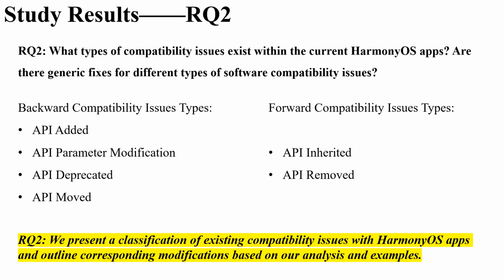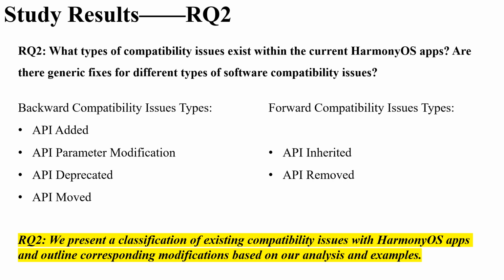The second research question we addressed was, what types of compatibility issues exist within the current HarmonyOS apps? Are there generic fixes for different types of software compatibility issues? To tackle this, we analyzed the output from research question 1, comparing it against the original program to discern the types of compatibility issues.